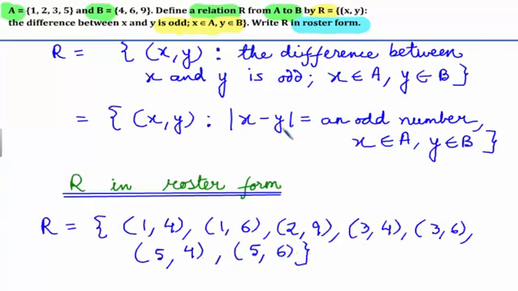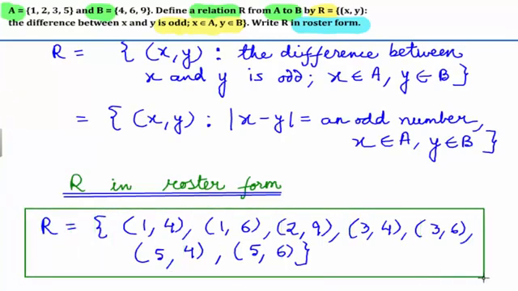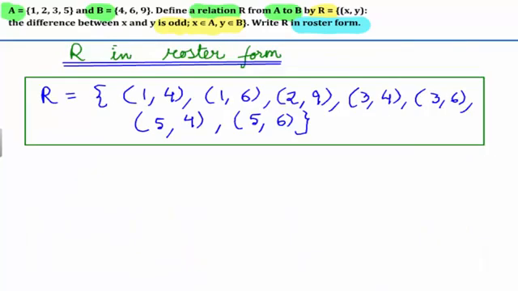Because mod of x minus y is an odd number where x belongs to A and y belongs to B. So this is the roster form of R. This completes the solution.